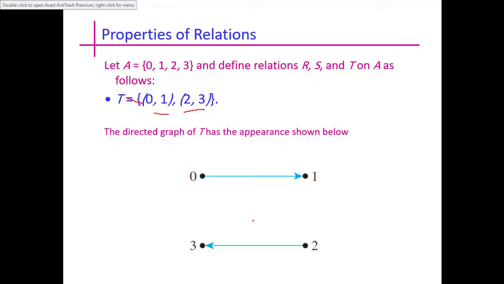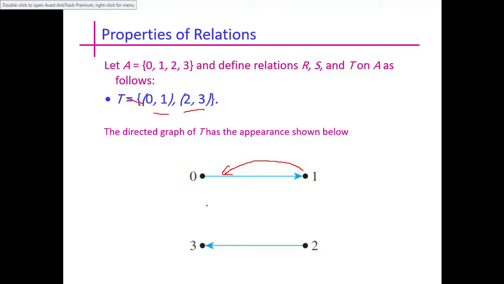For symmetricness, there is an arrow from 0 to 1, and symmetricness says that 1 should be related to 0, so there must be an arrow from 1 to 0, but this arrow is not present here. So this element is not present in the relation.